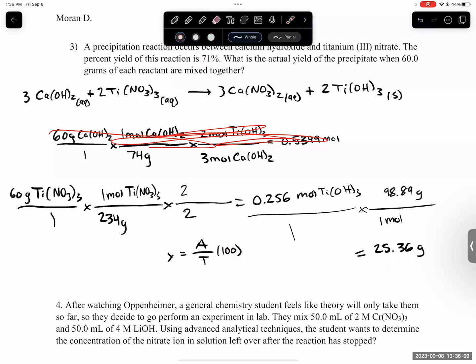So I'll do that: 0.71, times the theoretical gives us our actual. It's just some simple algebra. And what happens when you do this?